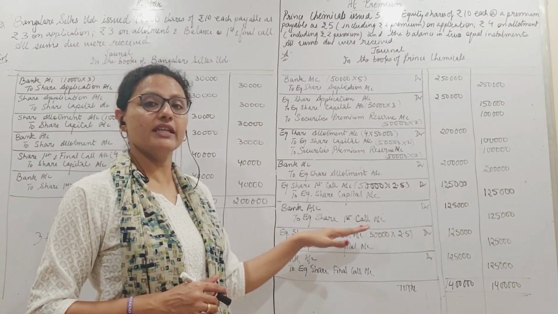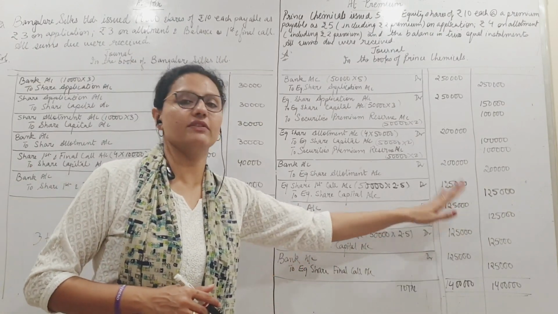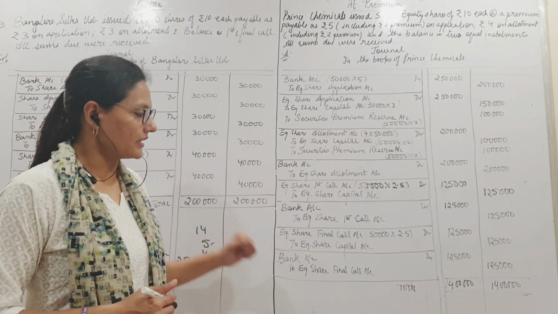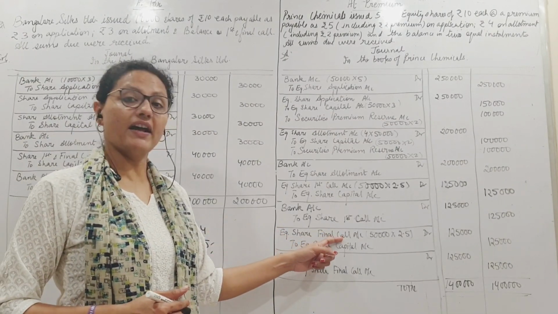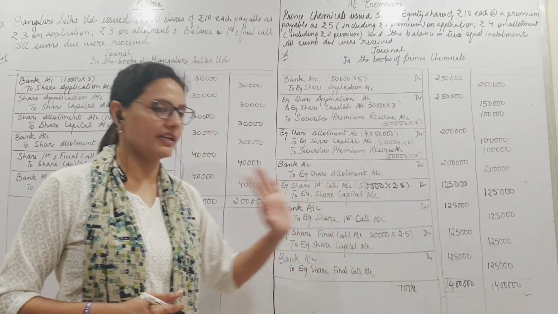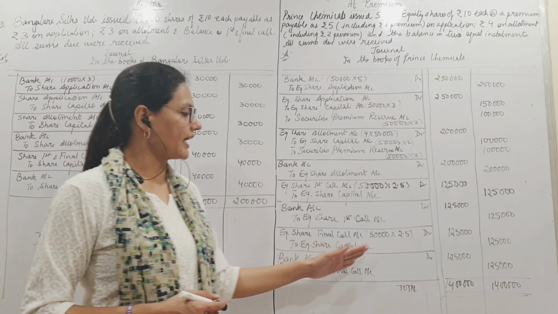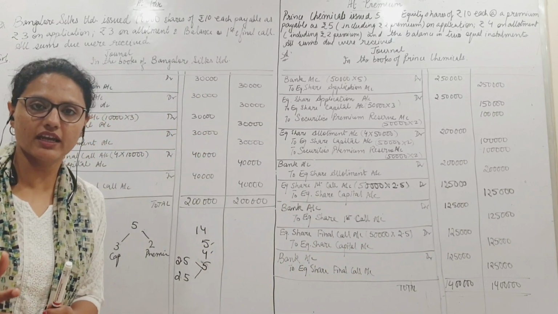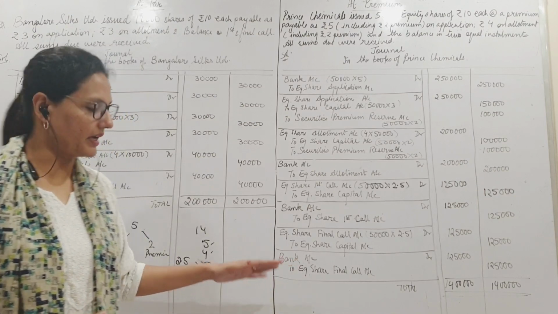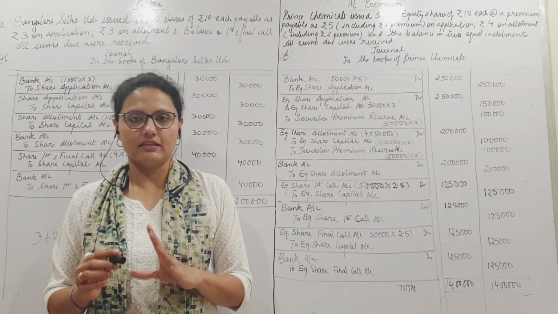Bank account debit to equity share first call. We have received the entire 1,25,000. Then last call. Equity share final call. The same amount 50,000 into 2.5 1,25,000 and to share capital 1,25,000. ये due हो गया amount मिलना था और last entry क्या है? मिल गया. Bank account to equity share final call.